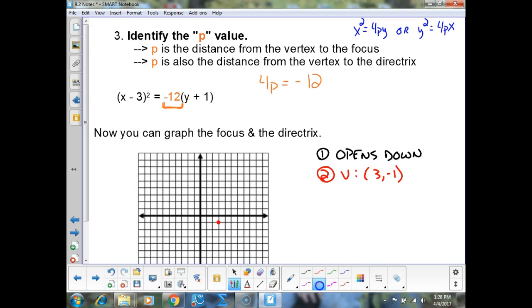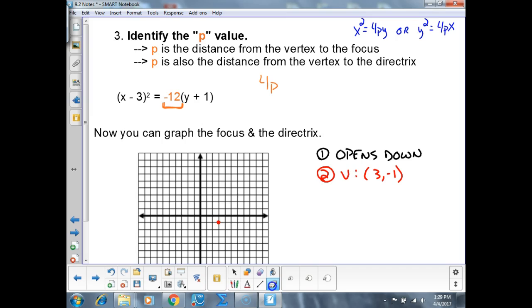But really, because p is a distance, right? p was the distance from the vertex to the focus, or from the vertex to the directrix. So really, I've already handled the negative part of it. So I don't really care that it's -12, that's a big one.